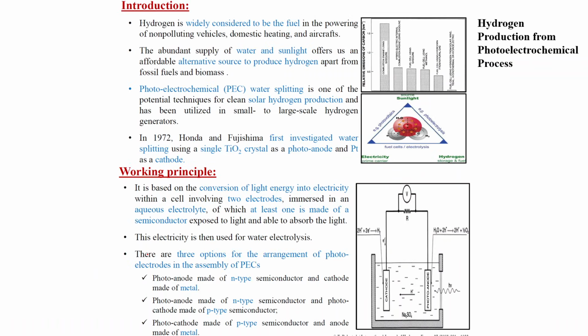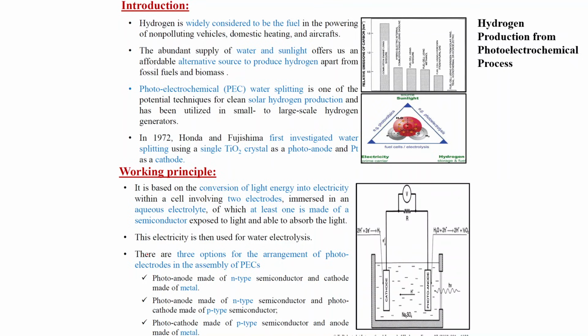Now coming on to the other type of hydrogen production, which is from photochemical processes. So what is photochemical? It is the production of hydrogen using solar energy.